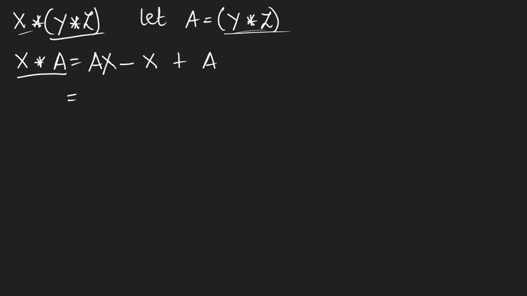But notice that this operation y star z, we don't have it, so we can also solve it. y star z is the same as, we'll follow the same equation that we are operating. So the equation is going to be zy minus y plus z.